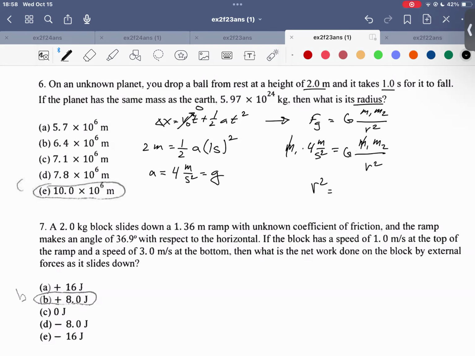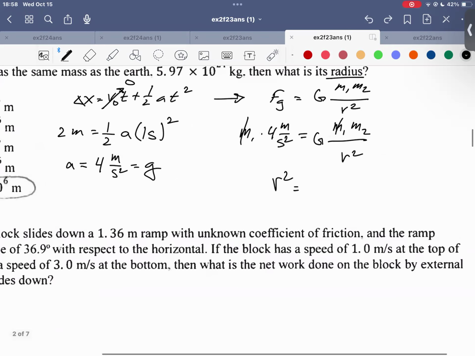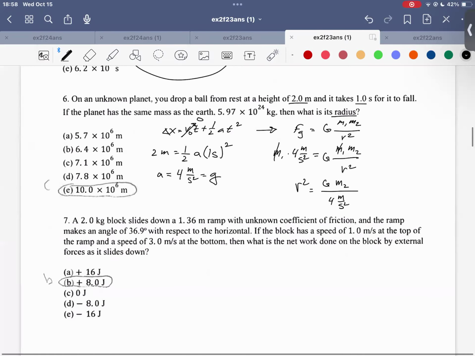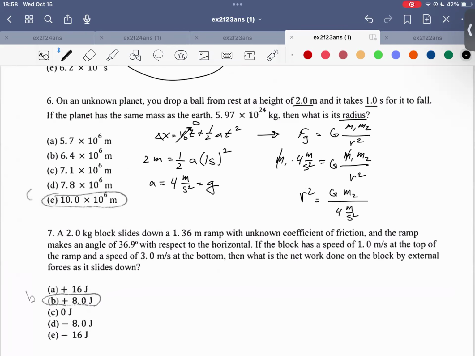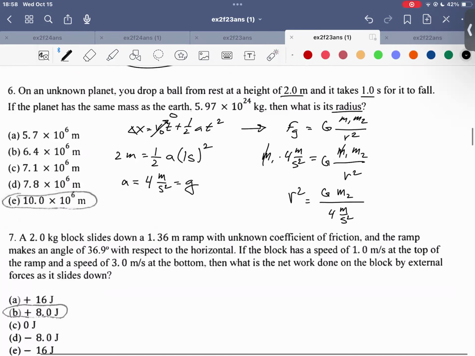So r squared is equal to G m2 over 4 meters per second squared. And we're told M2 is this right here, right? And so from here we can just solve and that should give us the right answer.